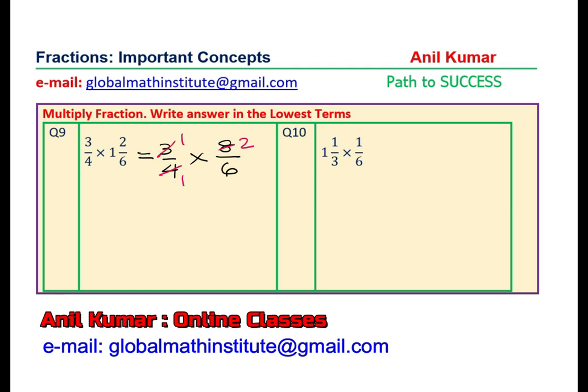And 3 times 2 is 6. You see, I'm also writing 1 there. It makes sense, right? And 2 divided by 2 is 1. And so in this case, we get 1 as our answer. Perfect. So that is also possible. You can get 1, you can get more than 1, or you can get less than 1 as your answer when you multiply fractions. Perfect.